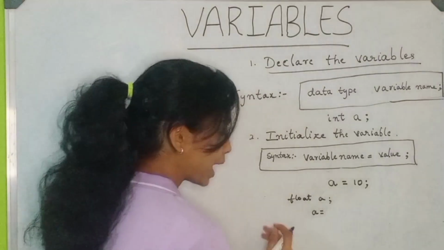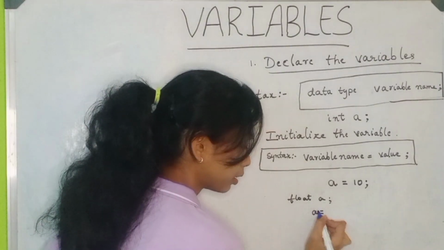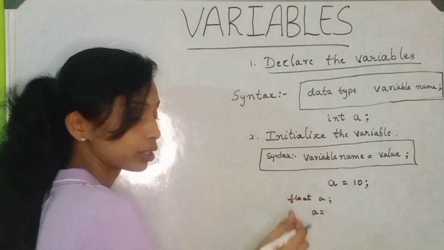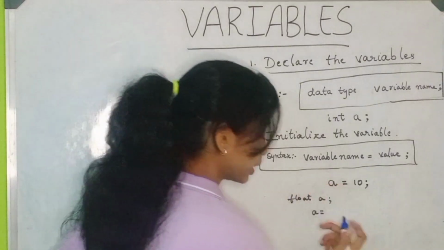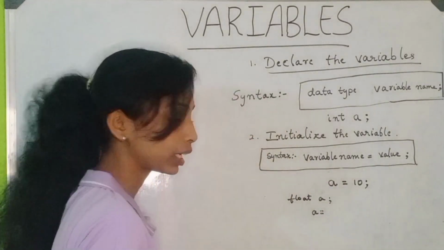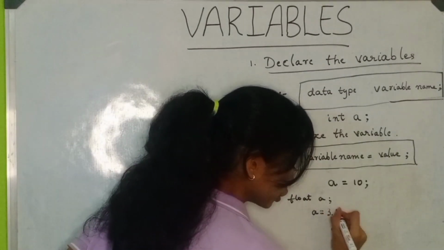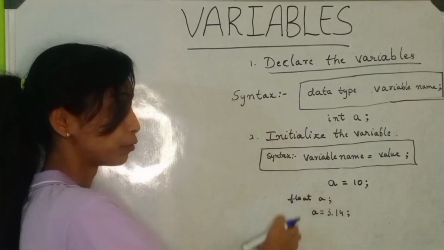So as of now I will not explain deeply, but I will just tell what is this float and what is this int. Int is nothing but the integer data type, and float is a data type which will have floating numbers, which will have decimal points, like 3.14. This is how we declare the float data type.